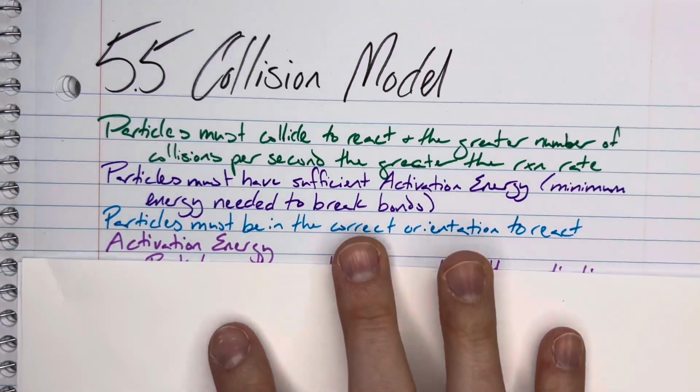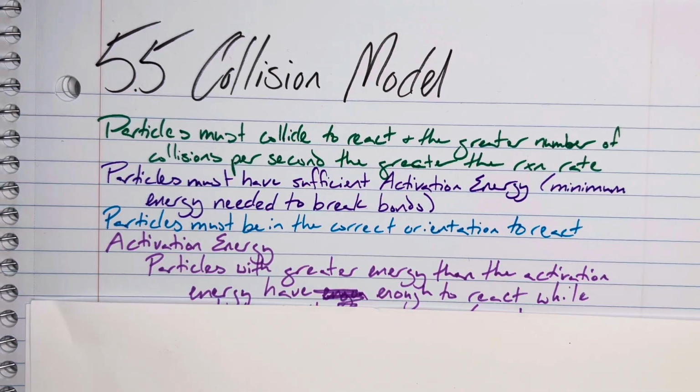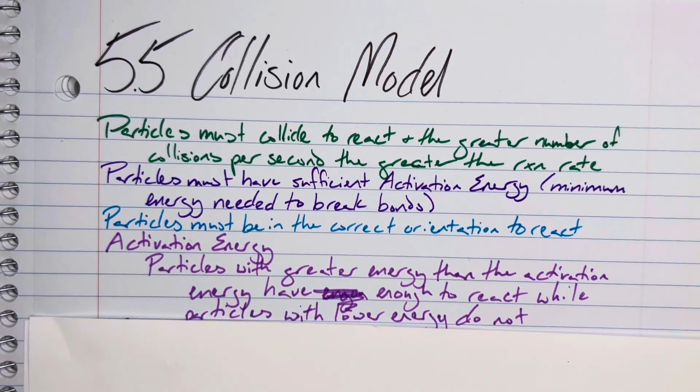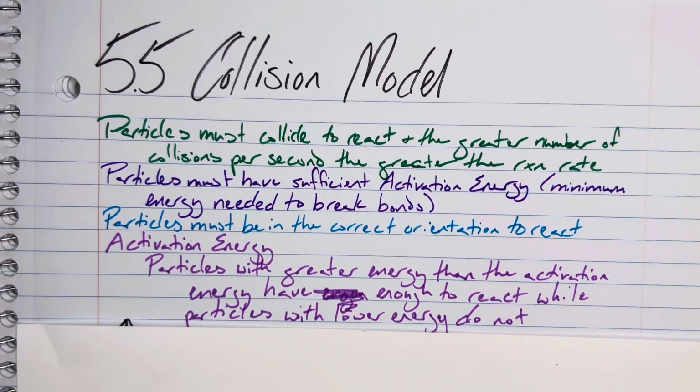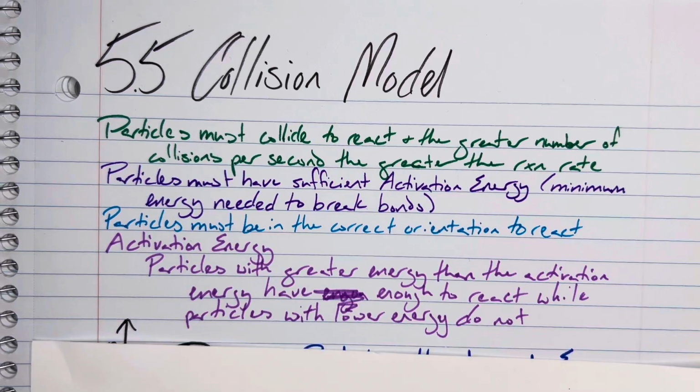So for activation energy, particles with a greater energy than the activation energy have enough to react, while particles with lower energy than the activation energy do not have enough energy to react.